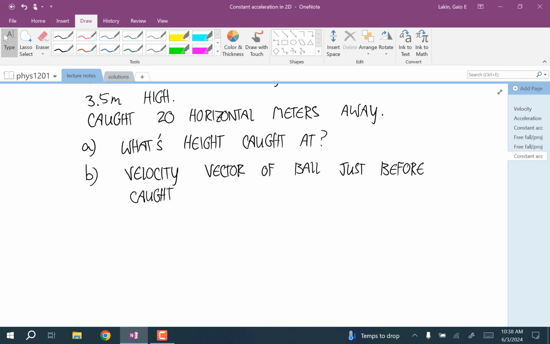Okay, so what does this look like? This ball is launched horizontally, so that's its starting velocity, at a speed of 25 meters per second. This height is 3.5 meters.